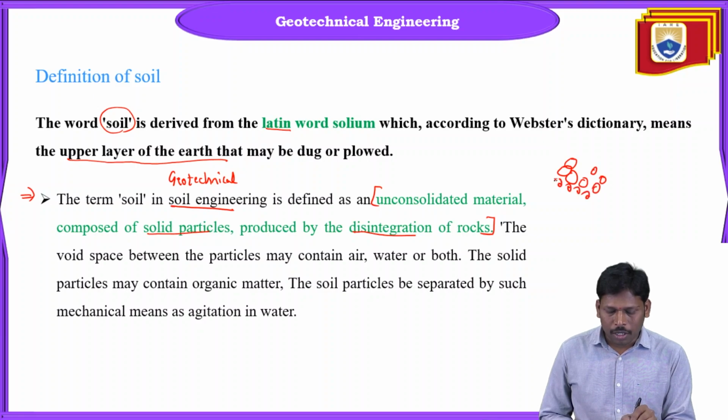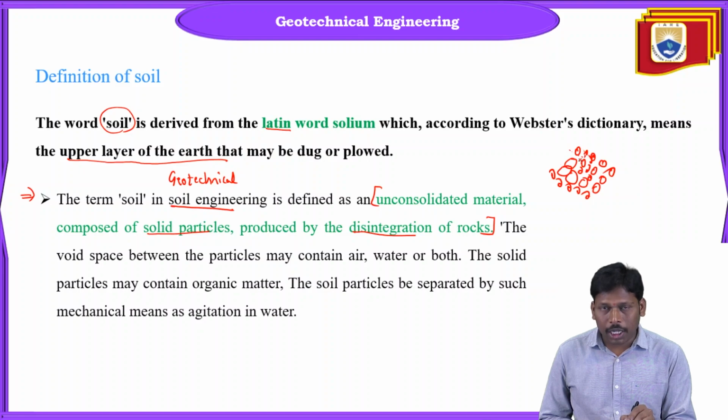some deposit which is formed due to weathering and disintegration of the rock, and here the space between the particles, I'm just representing with a dotted line. The space between these particles, whatever space is there, we simply call it void space.